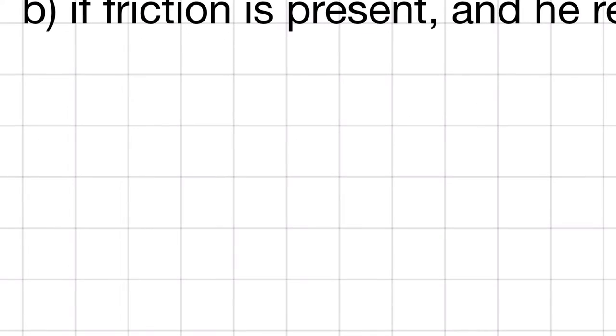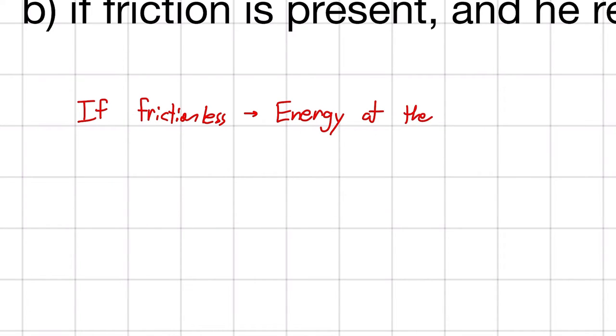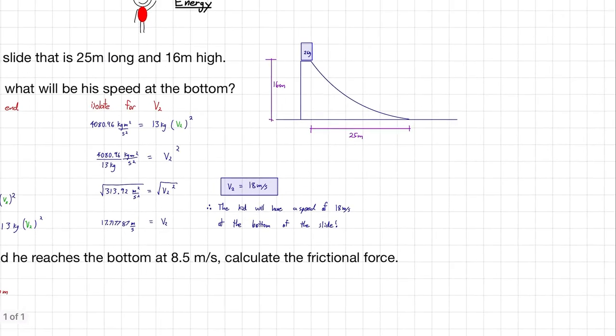So the way we're going to calculate this is first calculate, if it were frictionless, the energy at the bottom. So what would be the energy of the kid at the bottom of the slide if it were frictionless?